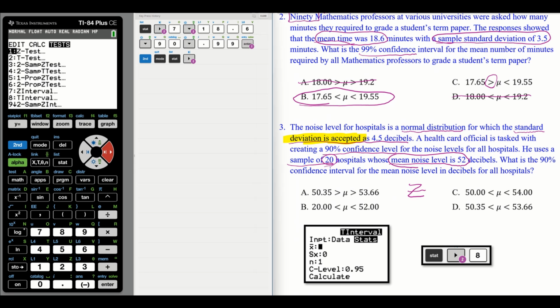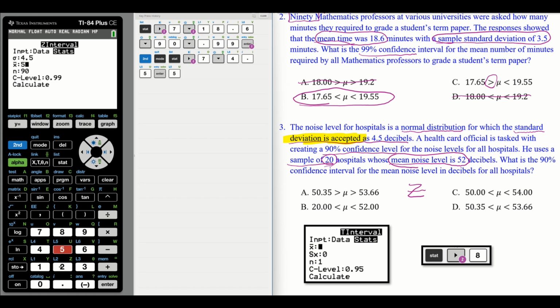So we're going to use our Z interval, and we have to arrow down, and we have a mean. Where's our standard deviation? Oh, 4.5. Enter. Our mean is 52. Then we had a small sample size of 20, but they want a confidence level of 90%.